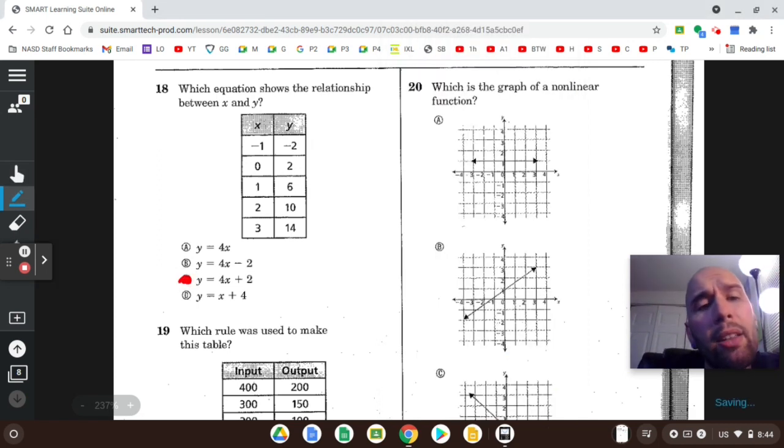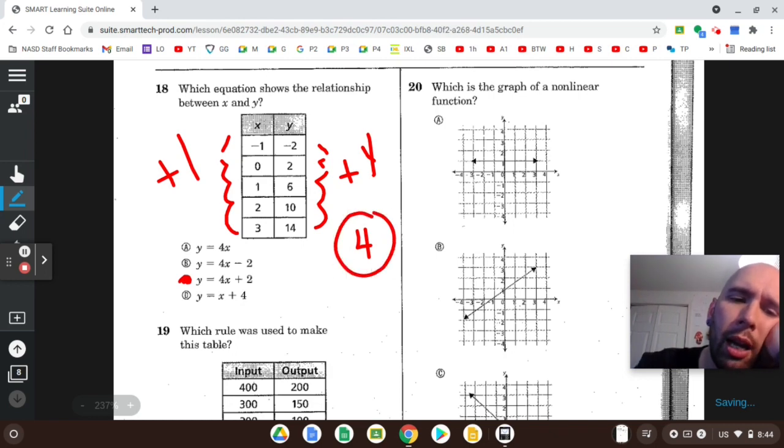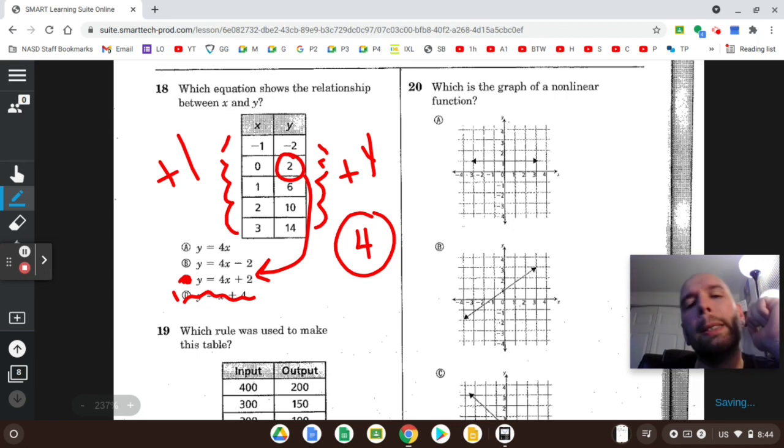And again, that makes sense because this goes up by 1 and this goes up by 4, which means your slope is 4. And if you're like, my slope is 4, but I have several of these with a slope of 4. What about the y-intercept? Y-intercept exists when x is 0, so my y-intercept is positive 2.